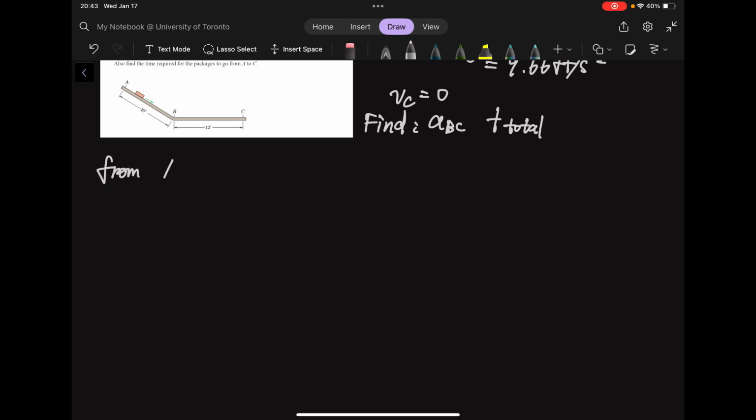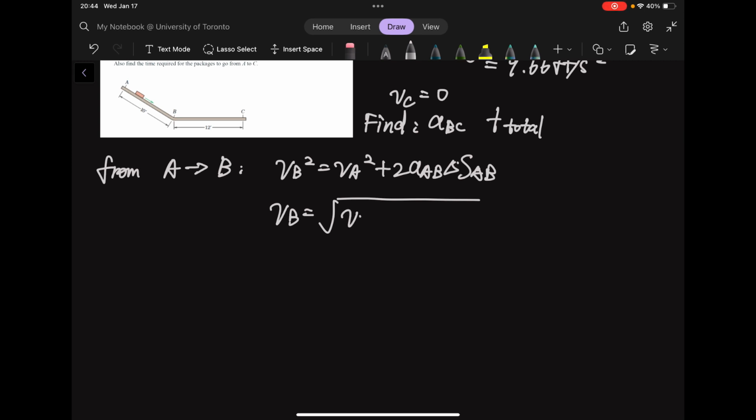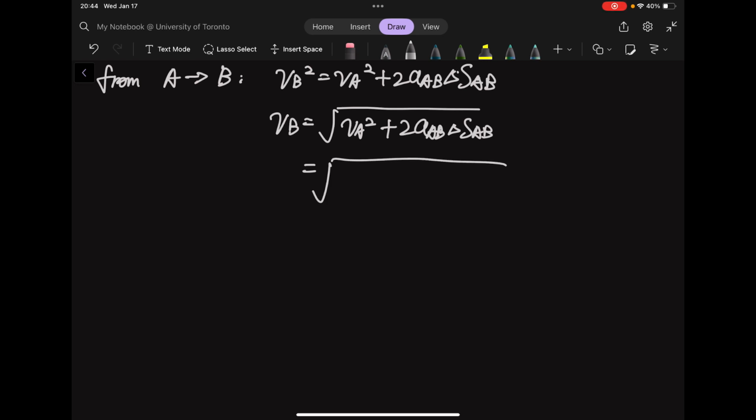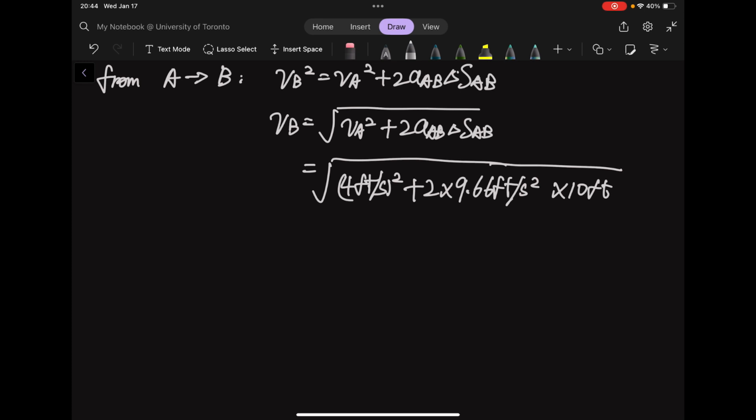From A to B, because the acceleration is constant, we have VB squared equal to VA squared plus 2A dot S. VB is equal to the square root of VA squared plus 2A dot S, which is equal to the square root of (4 feet per second) squared plus 2 times 9.66 feet per second squared times 10 feet, which is 14.46 feet per second.